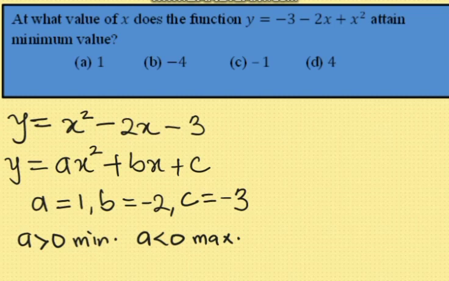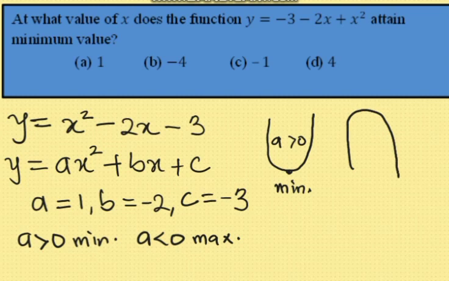For a minimum value, when a is greater than 0, the graph is going to face up, just like this, and this will be our minimum value, the smallest. For a maximum value, when a is less than 0, our curve is going to face down, and here will be the max value. That's a quick one to remind us.